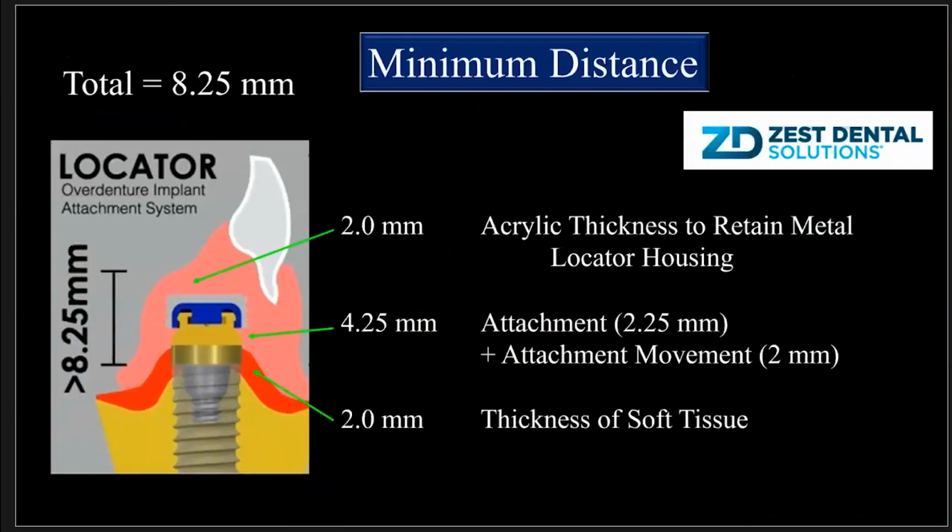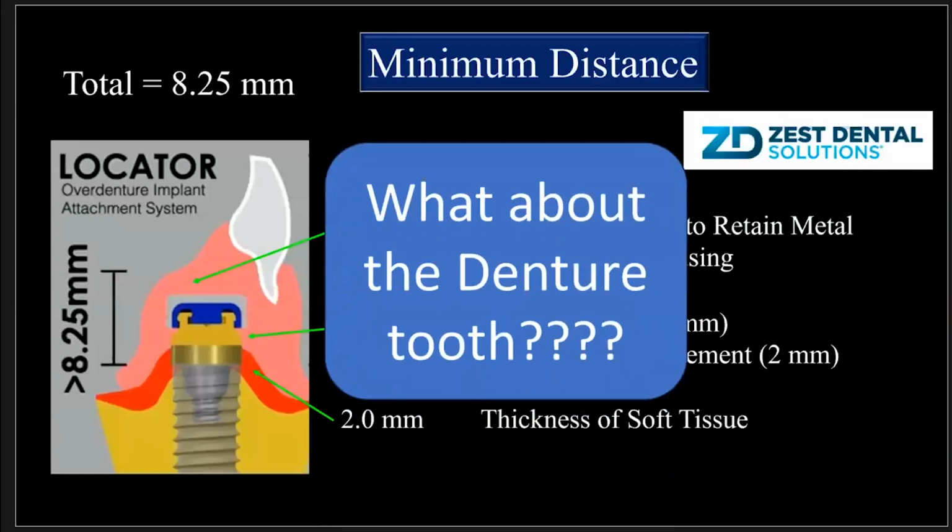And then you need 2 millimeters of thickness here. So they came up with 8.25, but one of the things that they forgot to talk about here is the denture tooth. They're just measuring from the acrylic. So this is great if we're not going to give the patient a denture tooth, but I don't know how happy they're going to be if you just make them a pink base plate that snaps into the Locators. We need a denture tooth here.